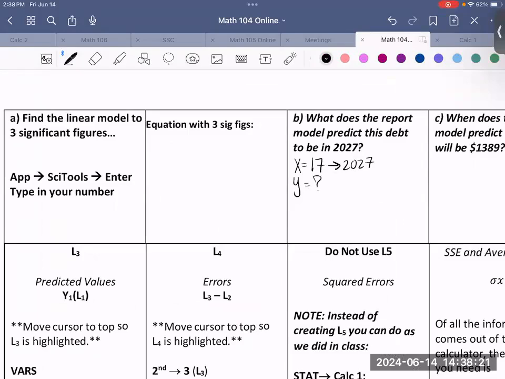We've done a very similar problem before where we have an X and we need to find your Y. So hopefully we are now unpausing. We're going to go to second trace and value. This is anytime we have your X value and we need to find your Y value.